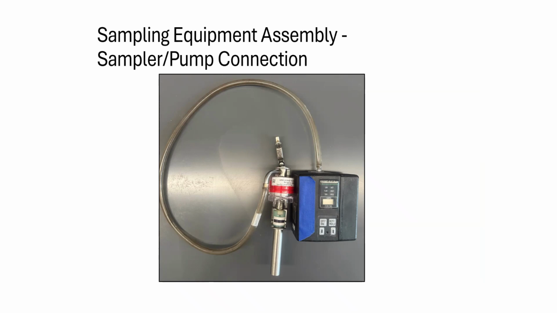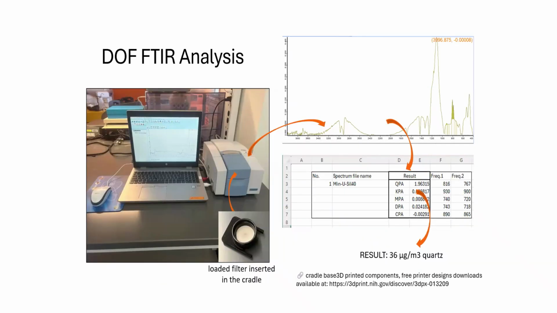And once we get into the lab, we take these caps out and take the filter out for the FTIR analysis. The sample collected on the PVC filter is analyzed by DOF FTIR to determine quartz mass per the method standardized by NIOSH, and then mass concentration can also be determined using the sampling flow rate and recorded sampling duration.